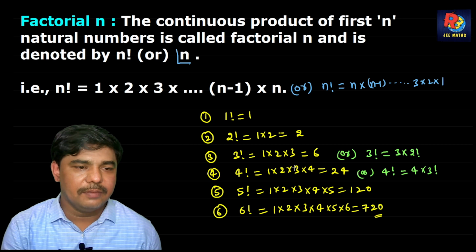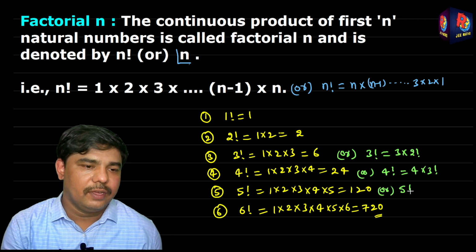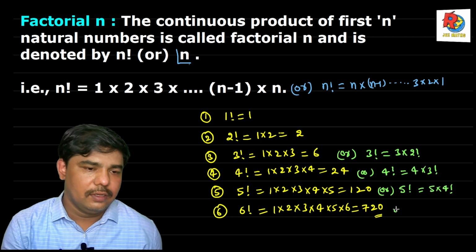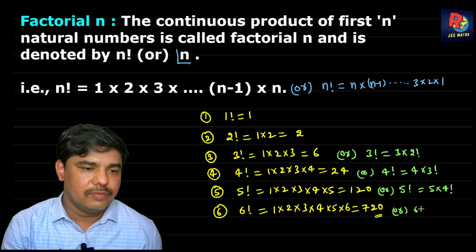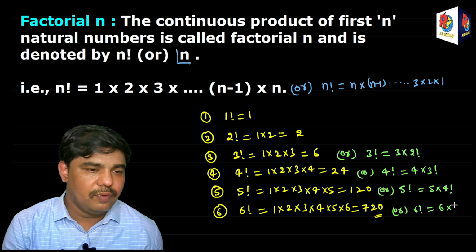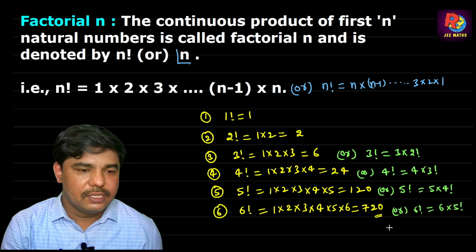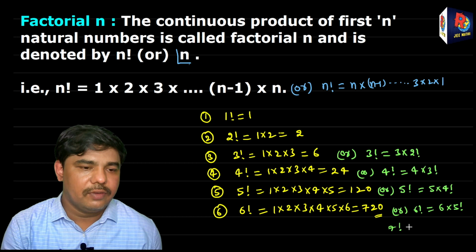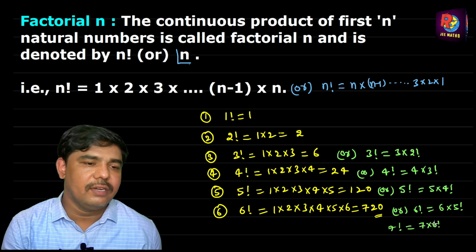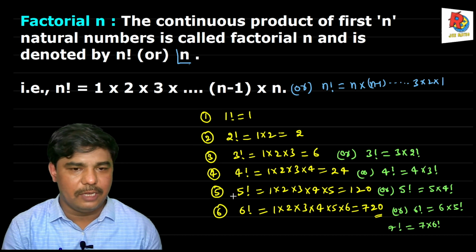Here also the same thing we need to write. 5 factorial means 5 into 4 factorial, and 6 factorial means 6 into 5 factorial. Like this, if you want 7 factorial, we can write 7 into 6 factorial. If you know the 6 factorial value directly, we can write the value and simplify. This way we can write all those values.